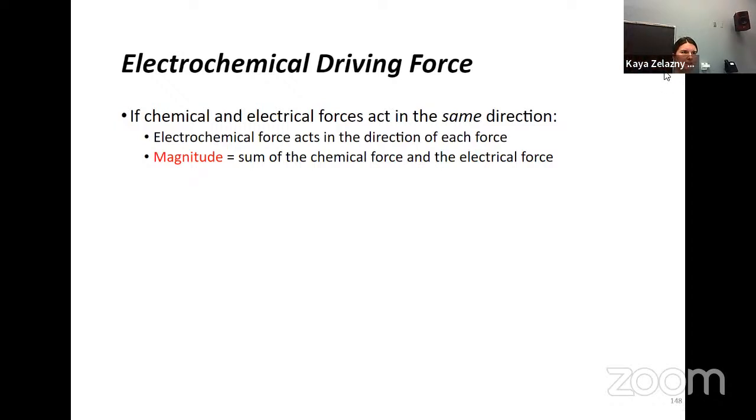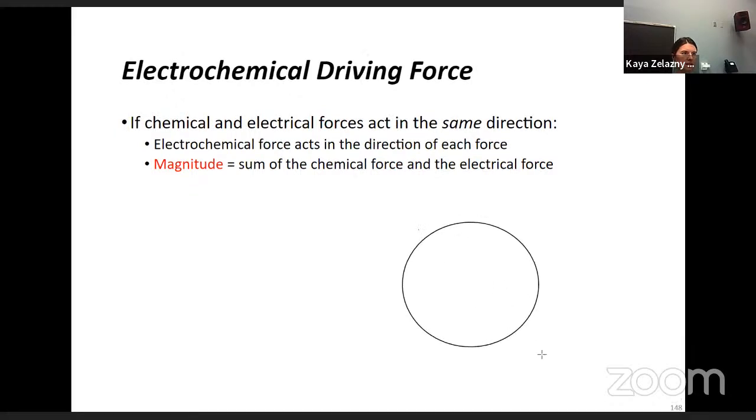So if we have a cell, let's say this is our cell. We have the chemical and the electrical force going in the same direction. Let's say our CDF, our chemical driving force, is pointing out.